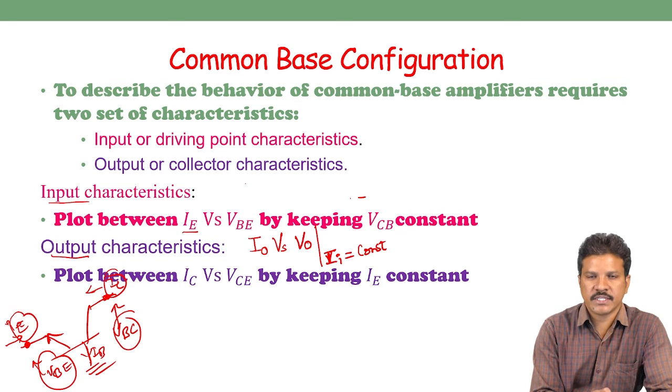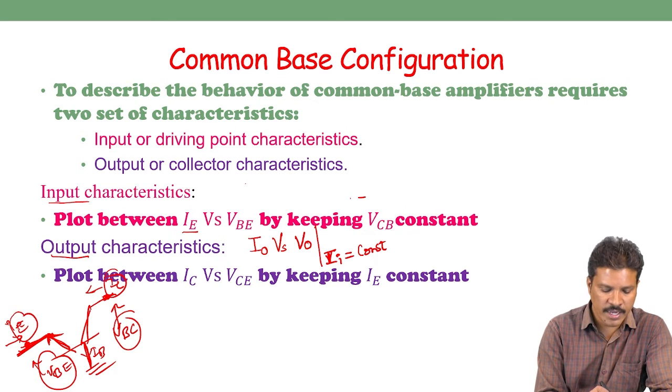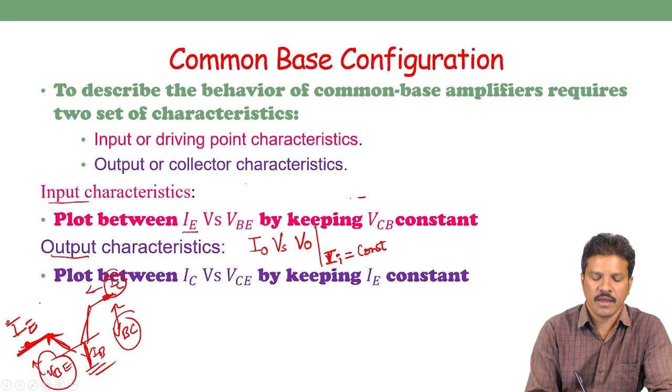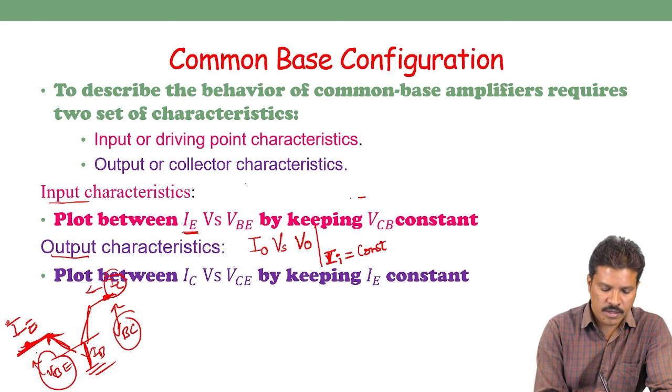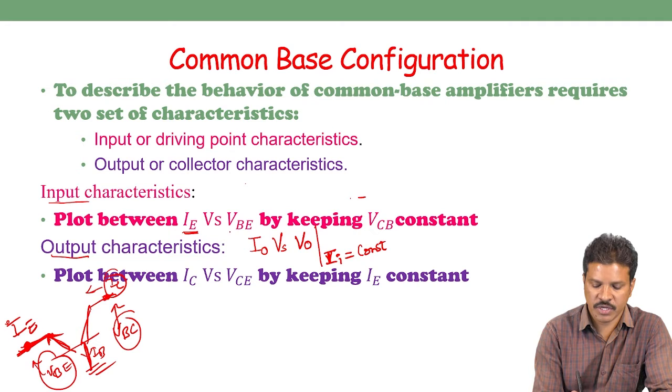According to the general definition, the input characteristic is the plot between input current and input voltage. What is input current here for the common base? For the common base, the base terminal is common and the emitter is input, so IE is the input current. The input voltage is between the input terminal and the common terminal: VBE, base to emitter voltage.